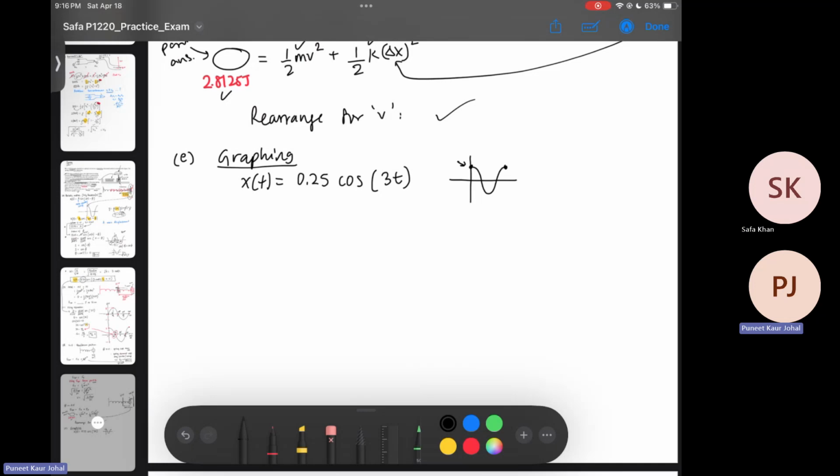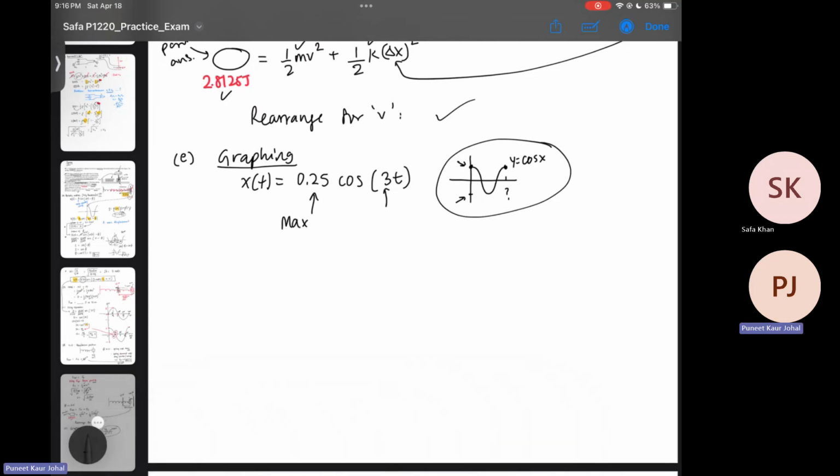You need to figure out the max and the min point. You need to figure out the period, because this is just for y equals cos x. Remember, there's no amplitude for this one.